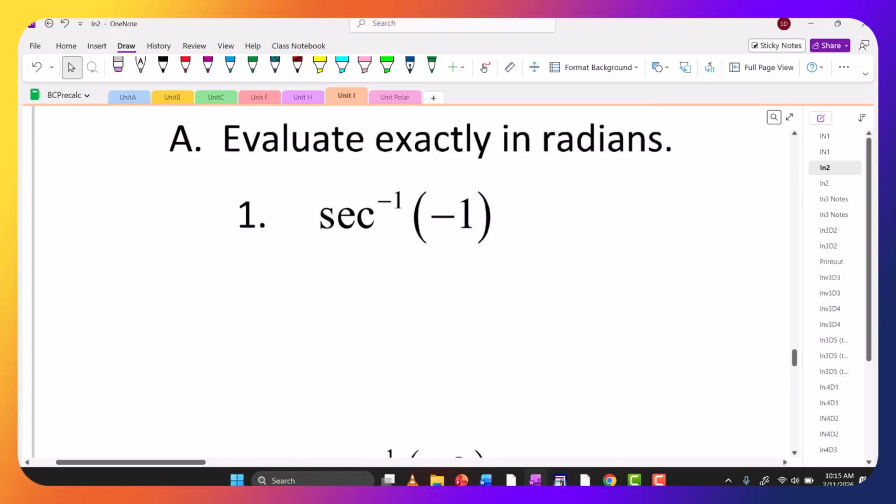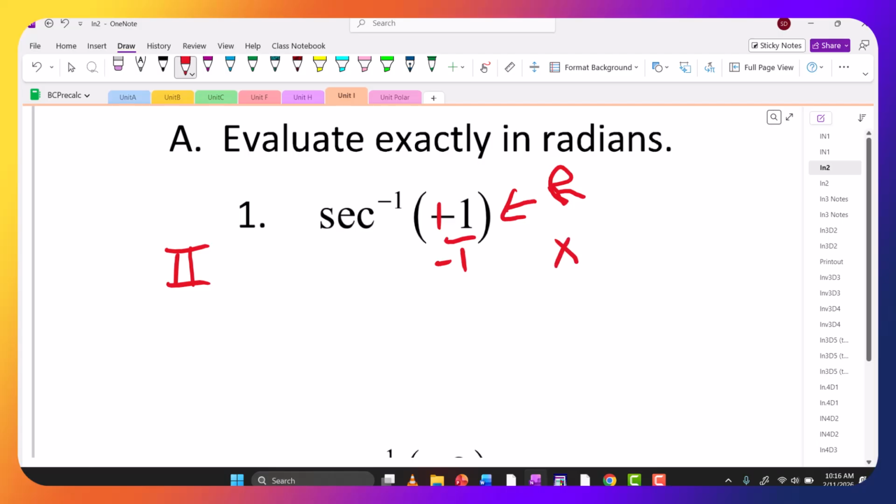All right, so how do I survive this one? First of all, I know I'm in quadrant 2. You got to know the rules. Okay, so it's going to be between pi over 2 and pi. And then I like doing that over 1. And what I like doing is this. This really is intuitive for me. R over X. Okay, so what that means is if I did this as a Pythagorean theorem, this is how I survive on this one.